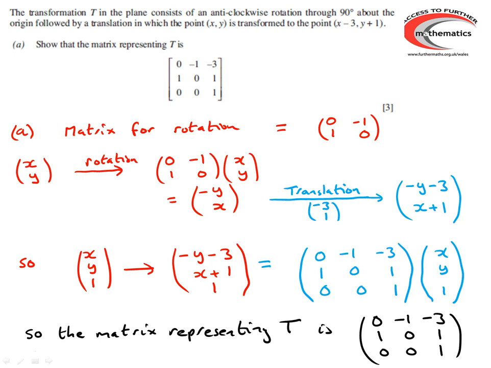So the matrix for the transformation is this matrix here: 0, 1, 0, -1, 0, 0, -3, 1, 1.